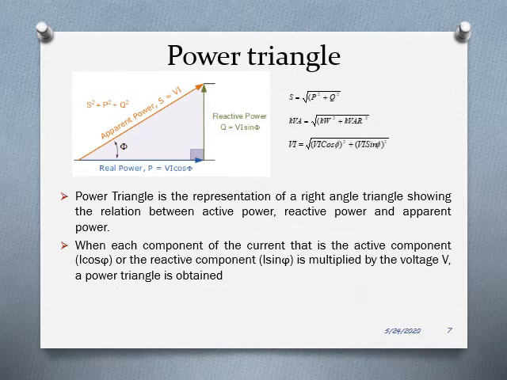Now let's see what a power triangle is. As I have already said about the three powers, the apparent power, real power and reactive power. Apparent power is the total power. So in the power triangle, the apparent power will be occupying the hypotenuse portion.